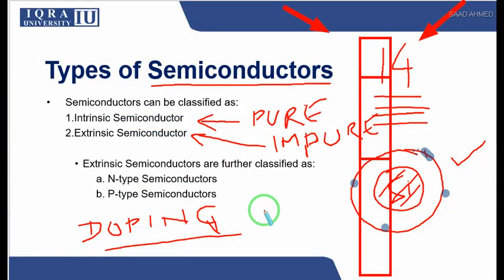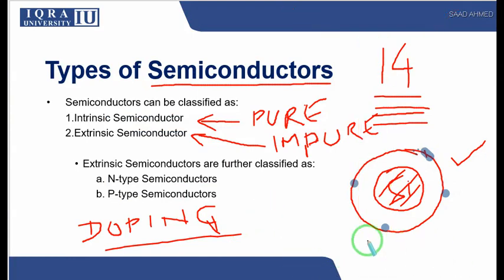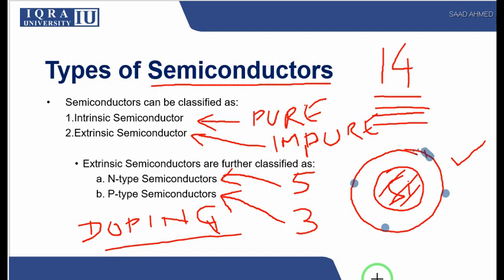and we can see that after the doping process, when you use group 3 elements, the semiconductor formed will be called p-type semiconductor, and if you use group 5 elements as an impurity atom for doping purposes, it will make n-type semiconductor.